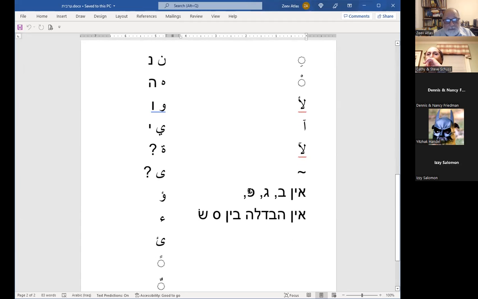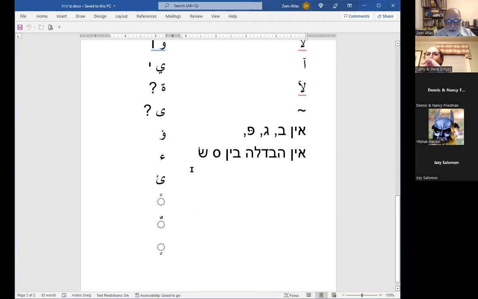It looks different. And when you write, they connect the letters worse than English does. They don't have vet, they don't have gimel, and they don't have pay. Oh, vet. I was very accurate.